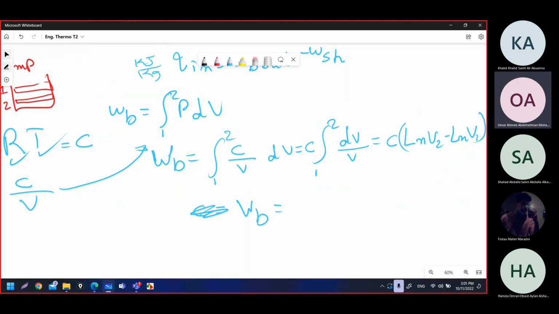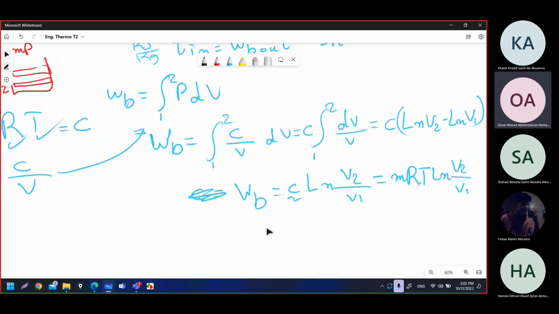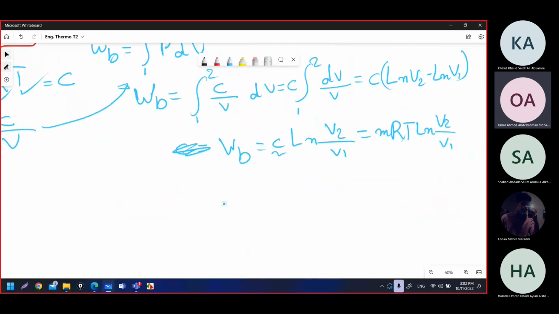The boundary work is equal to C ln V2 over V1, and this will equal MRT ln V2 over V1, okay? Because C is equal to MRT. At the beginning, we said that C is equal to MRT. And in the question, I need to put my boundary work in kilojoule per kilogram. This one is the capital W, so I have to divide by the mass.